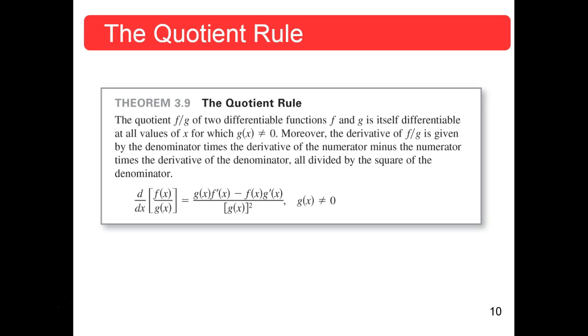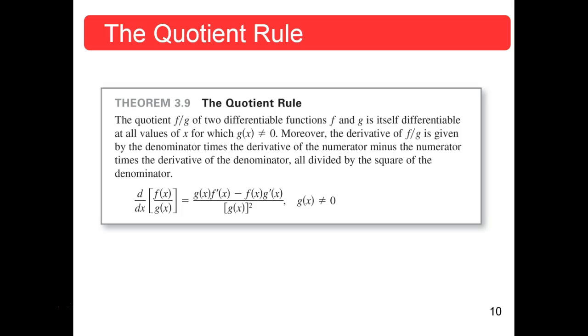But the quotient rule: find the quotient f divided by g of two differentiable functions f and g. They both have to be differentiable, otherwise you can't do this. If both of those are differentiable, the quotient is differentiable at all values of x for which g is not equal to 0. Okay? Because you can't divide by 0.